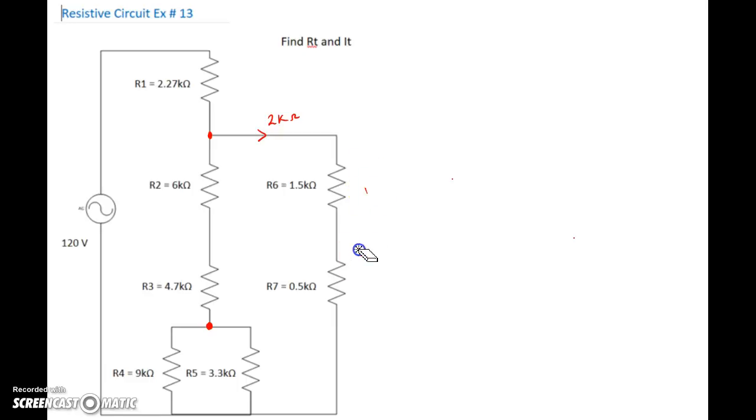Okay, next thing, what do we want to do? Maybe we'll start here at this parallel junction. Now I can't do this in my head, so let's just write that down. R4 and 5 is going to be equal to 9 kiloohms times 3.3 over 9 plus 3.3.